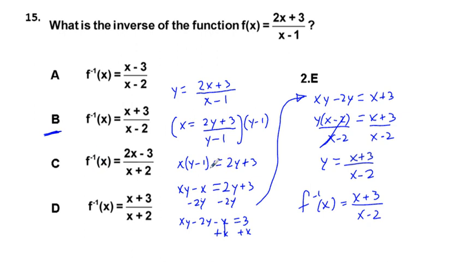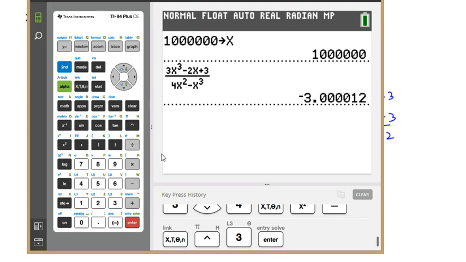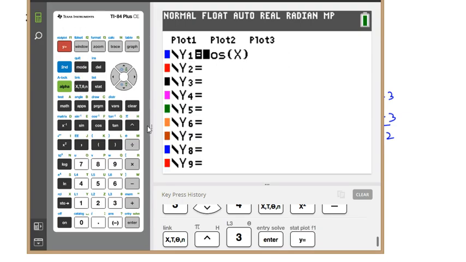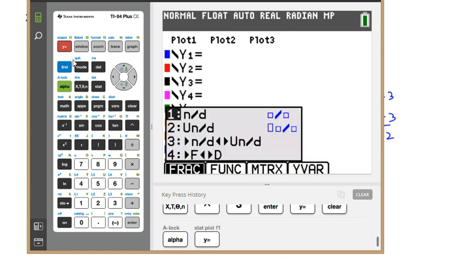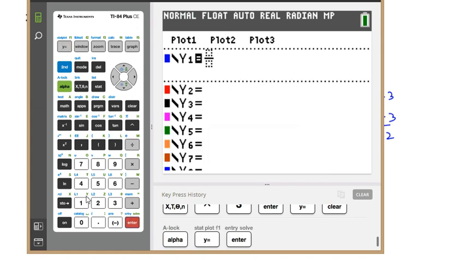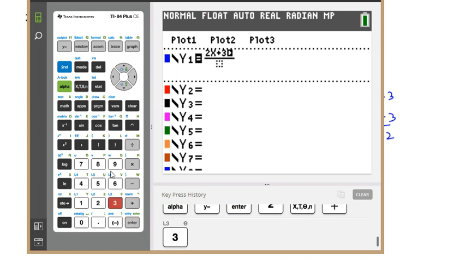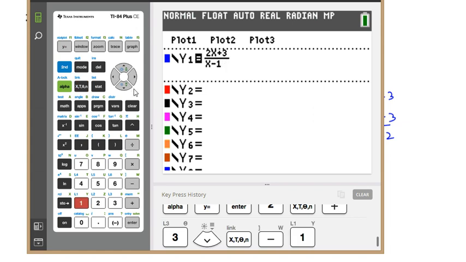What I want to do is show you on the calculator by graphing how we can demonstrate that that's the case. We're going to put the original equation here, 2x plus 3 over x minus 1. So we get this.